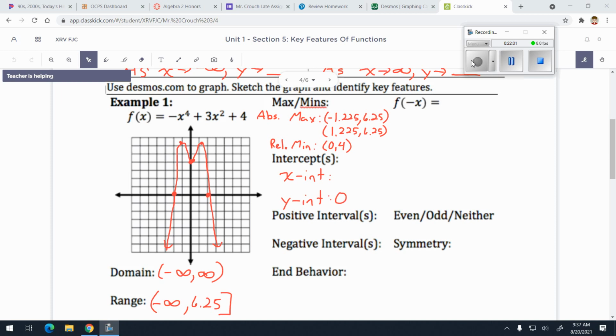That's the point that we cross the y-axis. How many x-intercepts do you have? 2, negative 2, 0, and then also 2, 0. They are also called solutions, zeros, roots, all of the same thing. Every single one of those is the exact same thing.